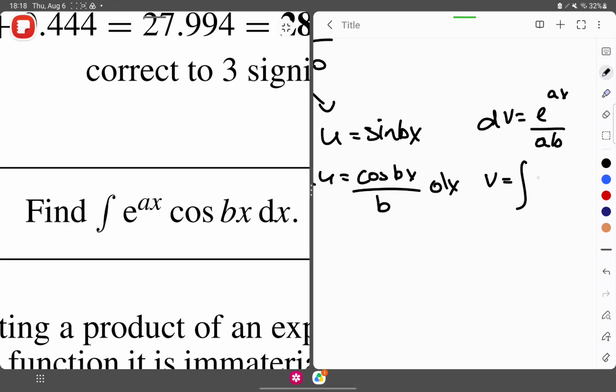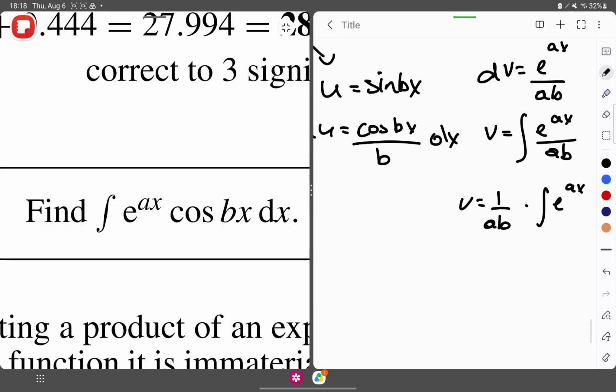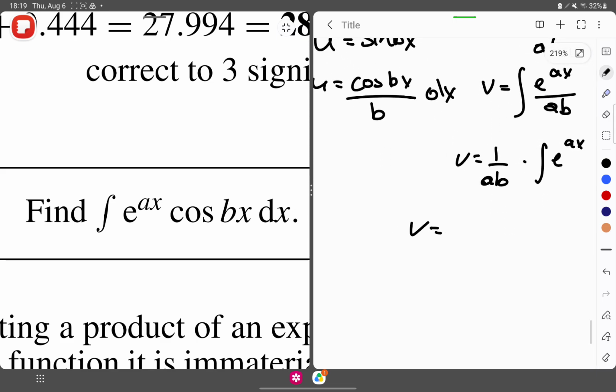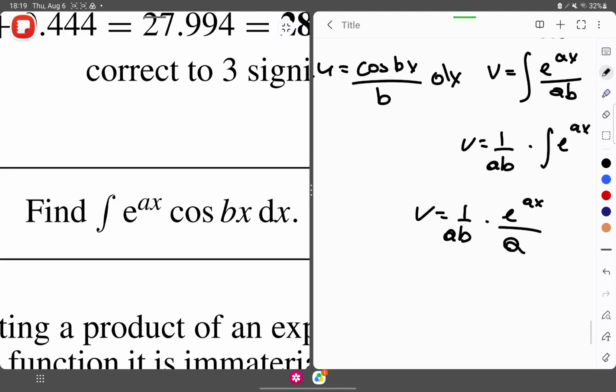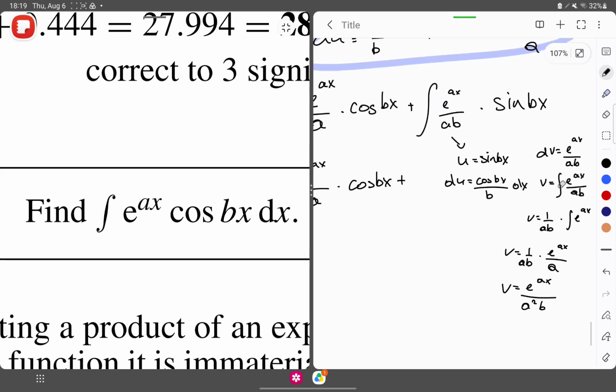V is the integral of e to the power of ax over ab, and I prefer writing this like v is 1 over ab times the integral of e to the power of ax, and the v will be what? 1 over ab will remain like this, e to the power of ax over just a, and our v will be e to the power of ax over a squared b. Okay, like this.